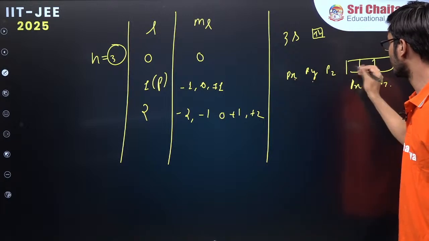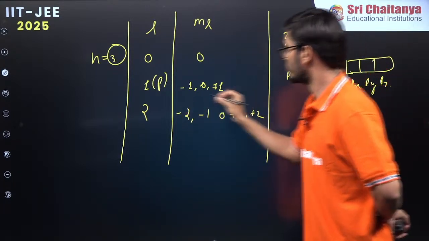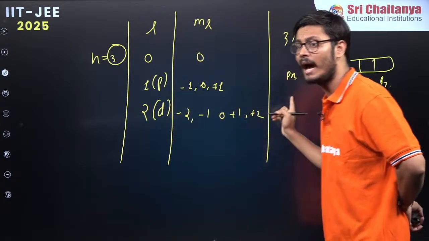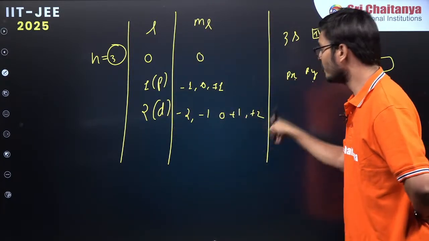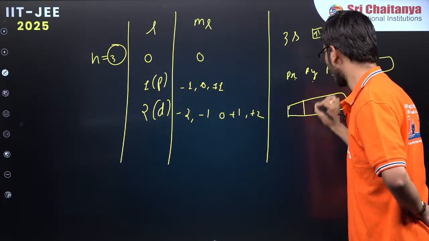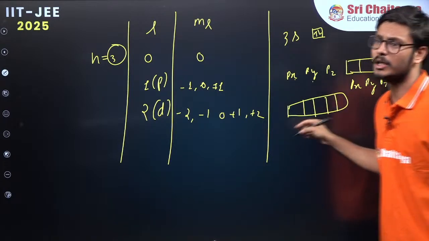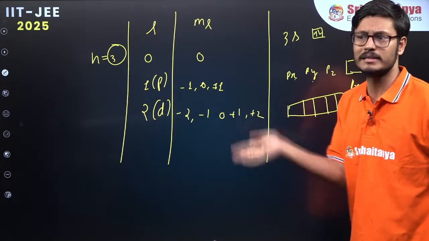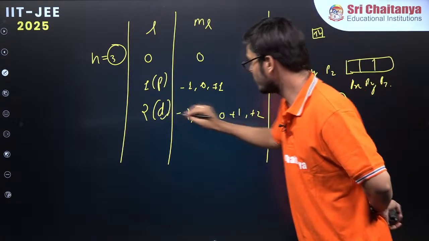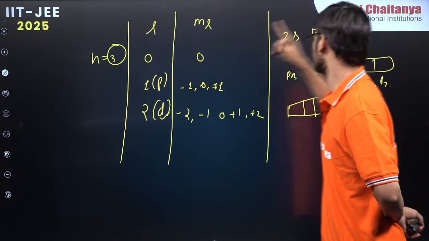Now D, so L is 2 representing the D subshell, and the D subshell will have 5 orbitals. You know the names dxy, dxz, dyz, like that. So for the D subshell 5 orbitals, for the P subshell 3 orbitals, and for the S subshell, 1 orbital.